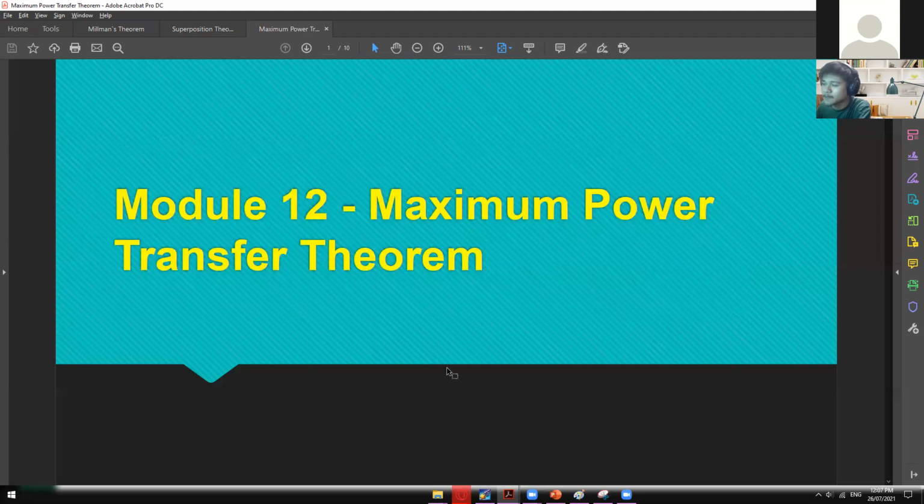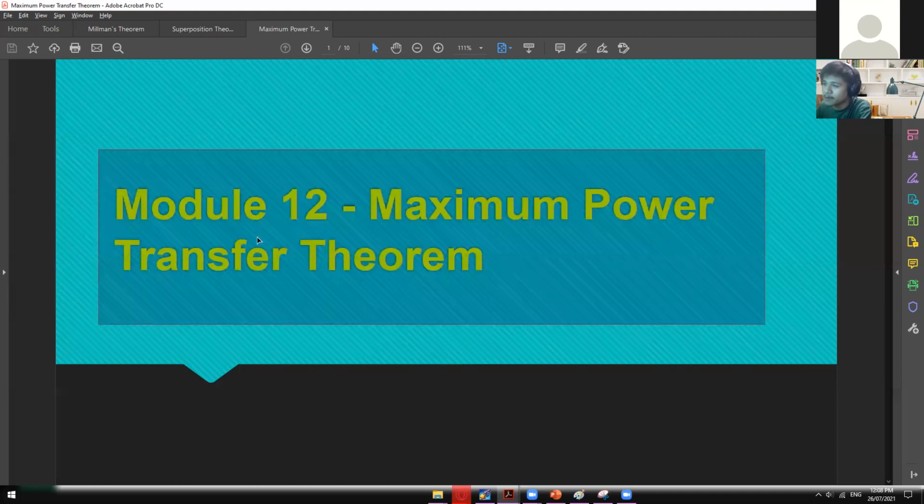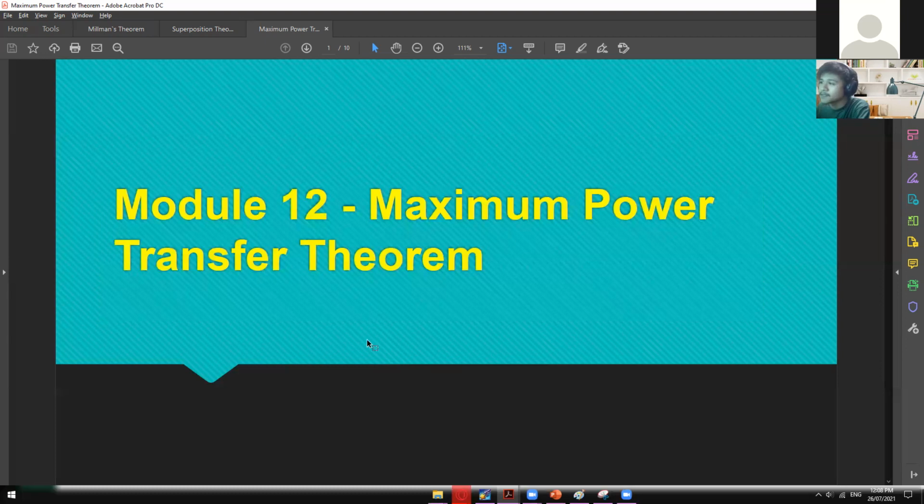Those are the values that you're going to use to solve the maximum power transfer that is being transferred on that specific load or resistance.